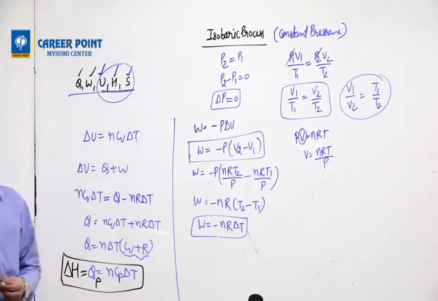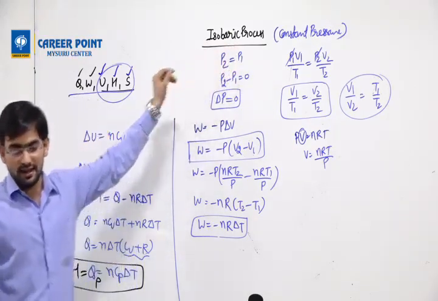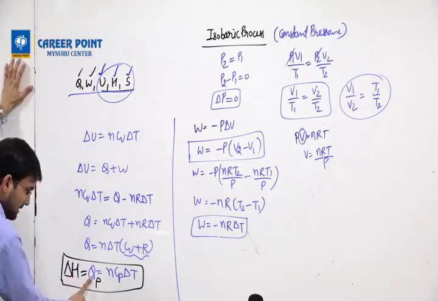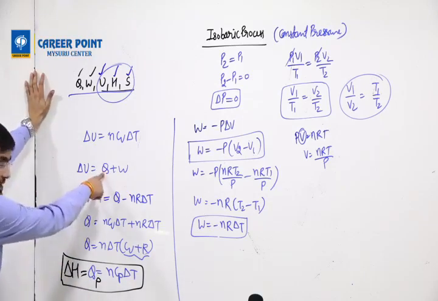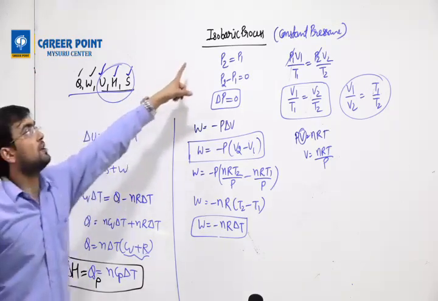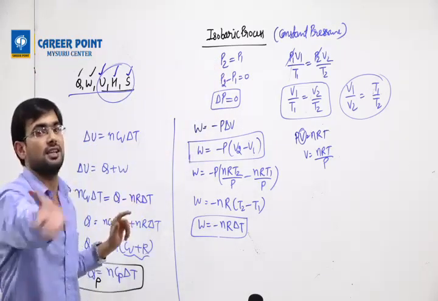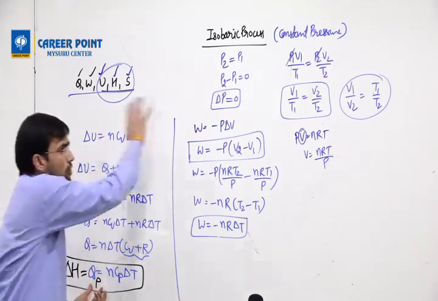This means if the process is isobaric, this is Q. Q is what? Heat absorbed by the system, that is the same Q. So for an isobaric process, if they ask heat absorbed by the system, it means they are asking QP. You don't need to do all this.